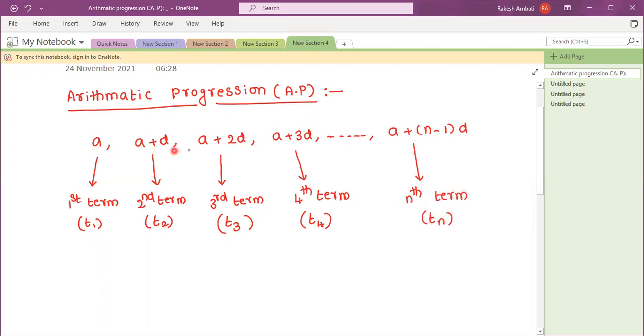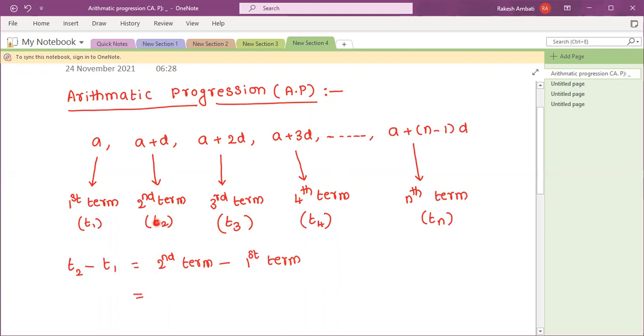So in this progression, we have the first term, the second term, the third term, the fourth term, and the nth term. First of all, I'm doing T2 minus T1, that means second term value minus first term value.